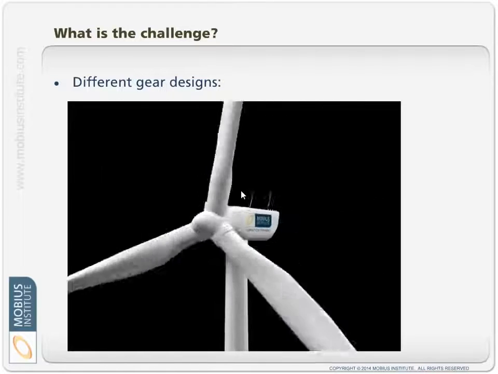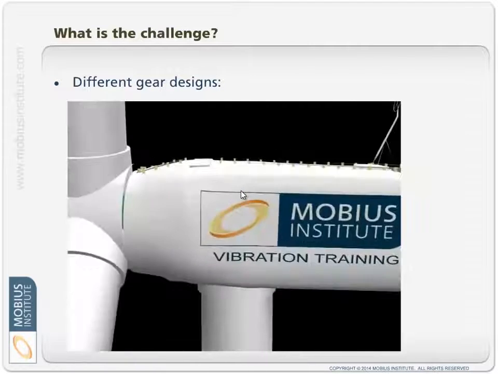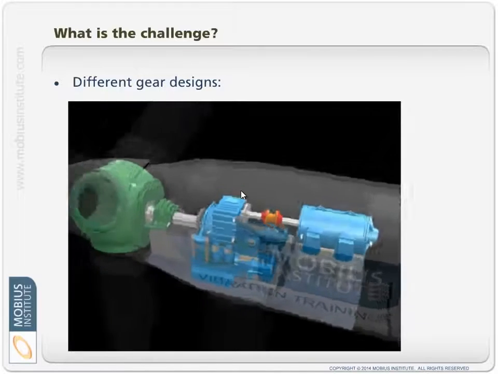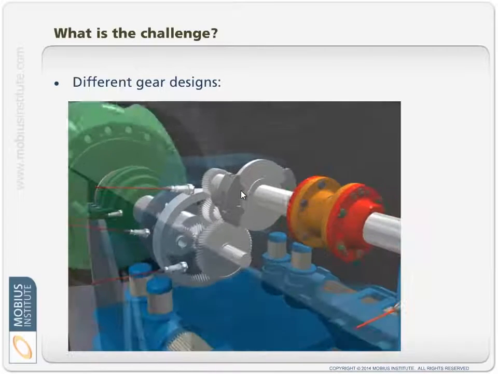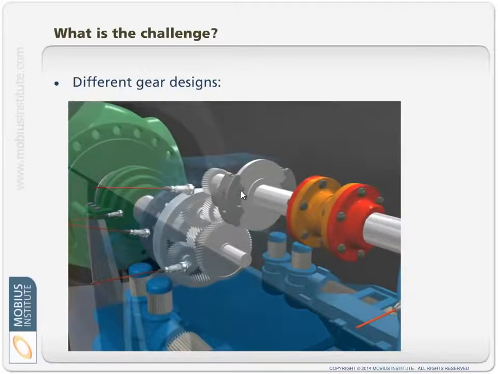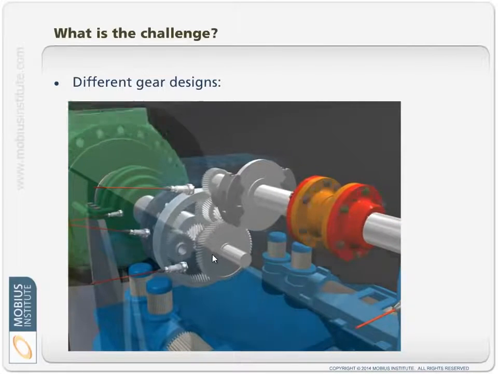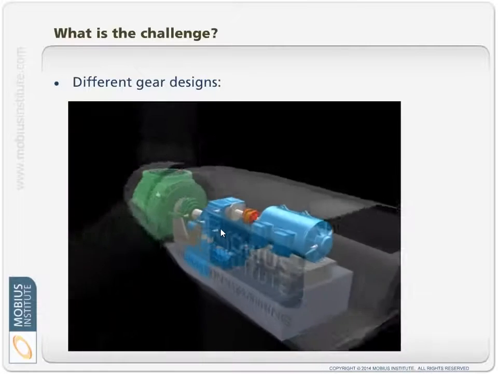And of course we can have quite complicated gearboxes. In this Mobius Institute designed wind turbine, I'm just kidding, we just make animations, not wind turbines, but here you've got an epicyclic or planetary gearbox with 2 additional stages to the gearbox.